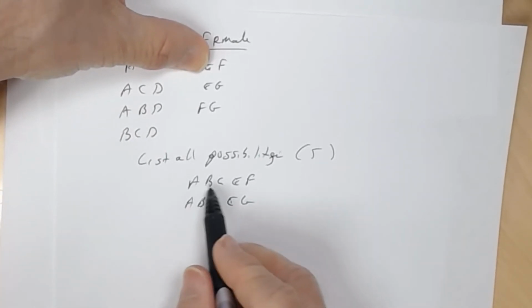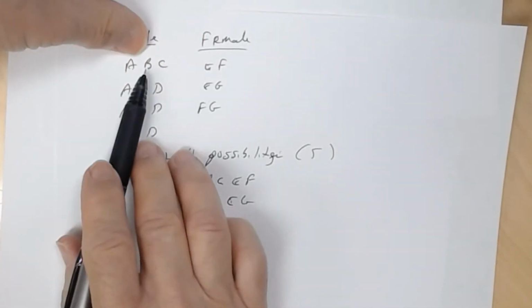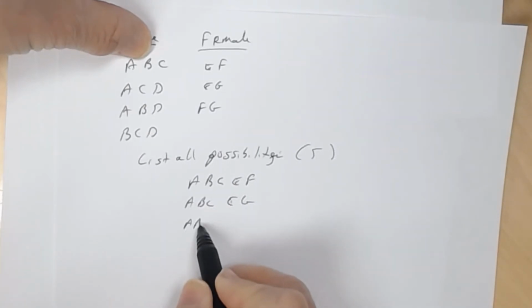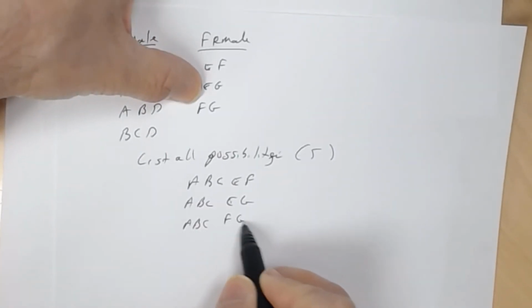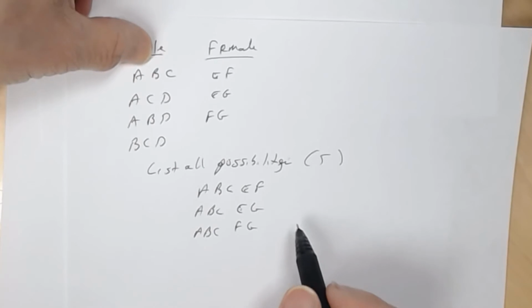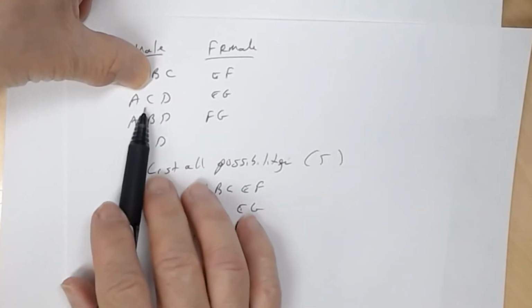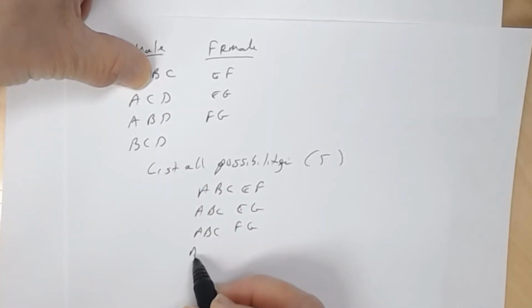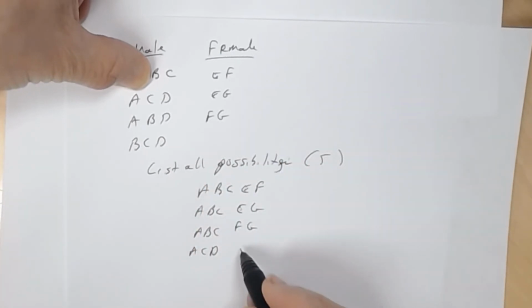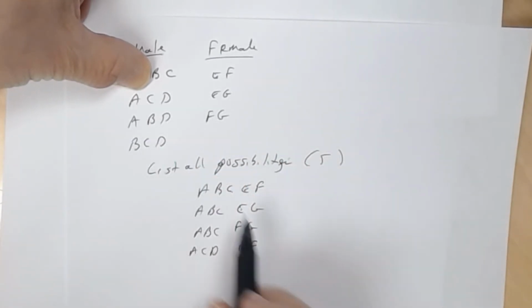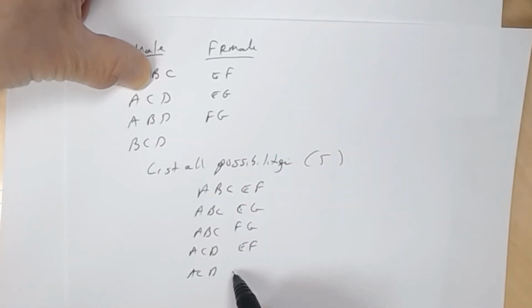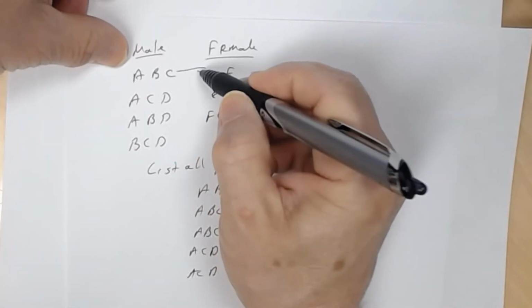I still have 5 people. Or I can have the same group of male friends go with FG. All right. Or I can have these male friends, ACD, go with EF, and then ACD go with EG. You see what's happening?